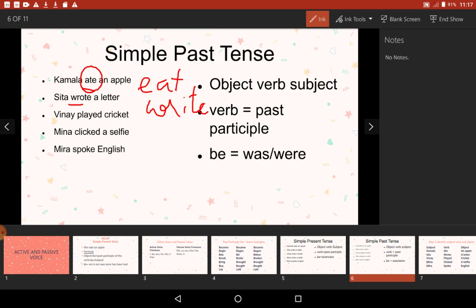Next step is we write them in the changed places. That is, we interchange the place of subject and object. So in our sentence, an apple will be written first and Kamala will be written at the end, isn't it?